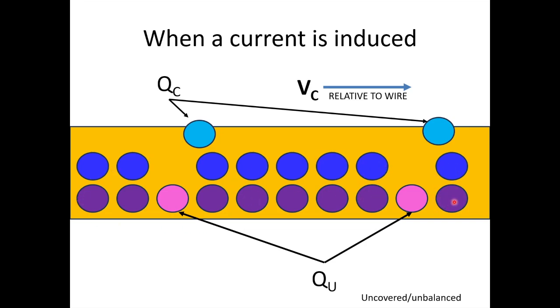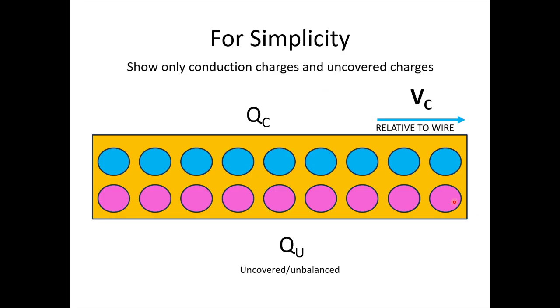That just becomes a chore. So all we're going to do is, when we consider each differential length, we consider mobile carriers, which have a velocity relative to the wire, and this would be the total charge of the conduction charges, QC. And the unbalanced charges is QU, for the unbalanced or uncovered charges.